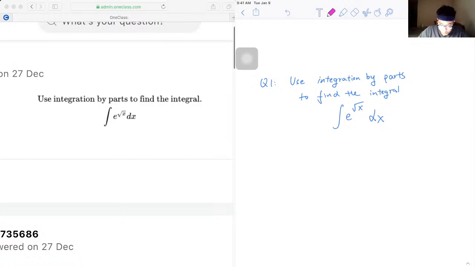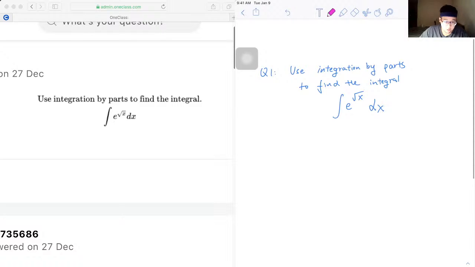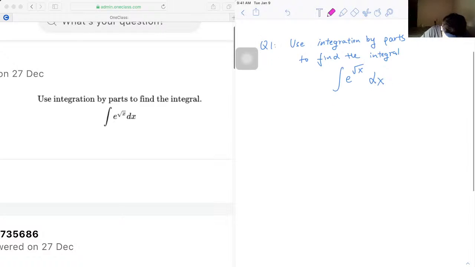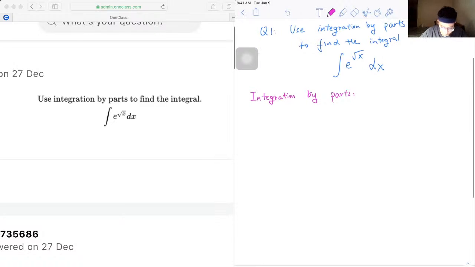So before jumping into this question, I would like to first review the theory of integration by parts. So let's do a little review right here. Integration by parts is a special method of integration that is often useful when two functions are multiplied together.